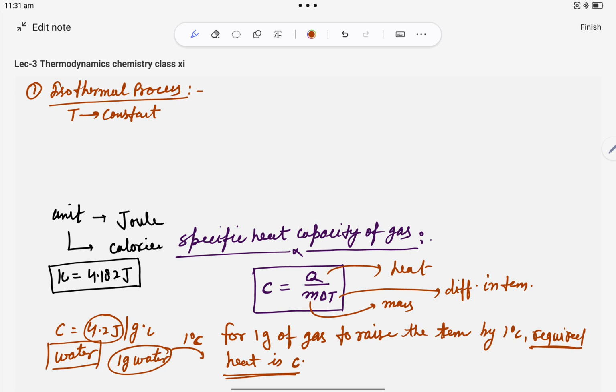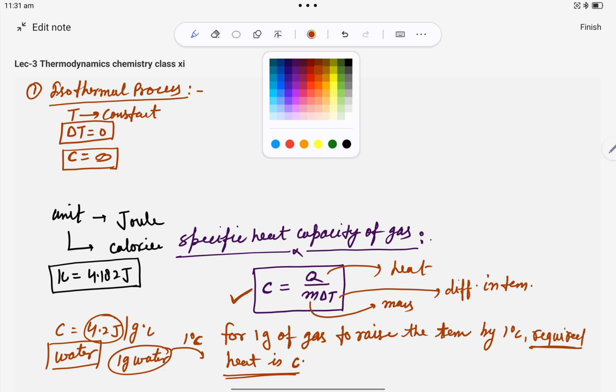If T is constant in this formula, then delta T is equal to 0. Then something upon 0 will be infinite. So C will be infinite. In the isothermal process, specific heat capacity is infinite.